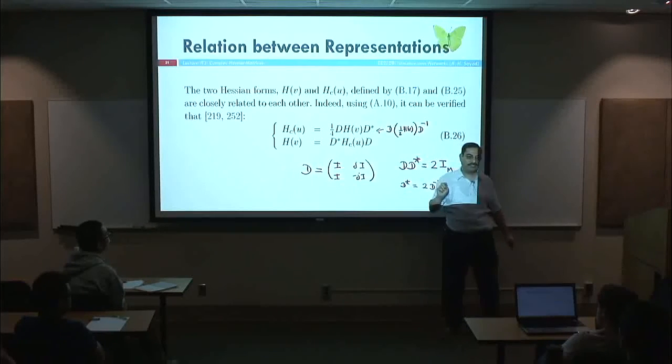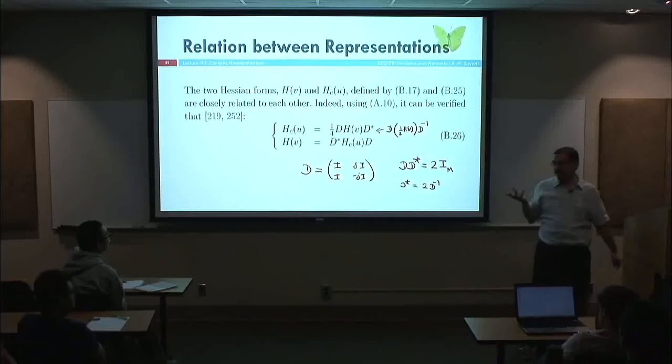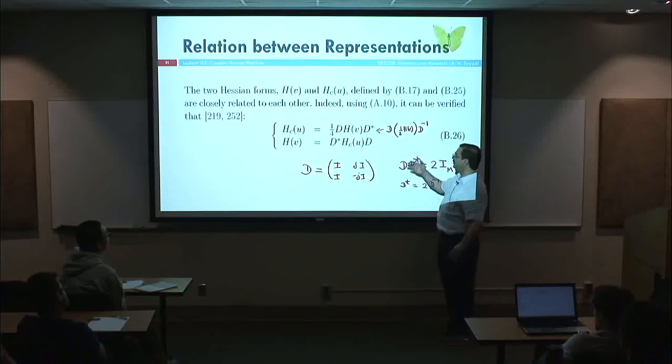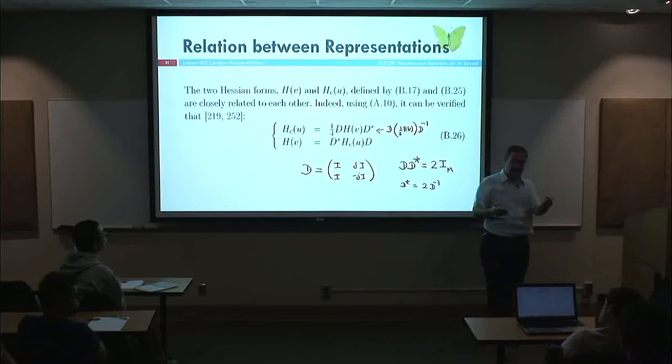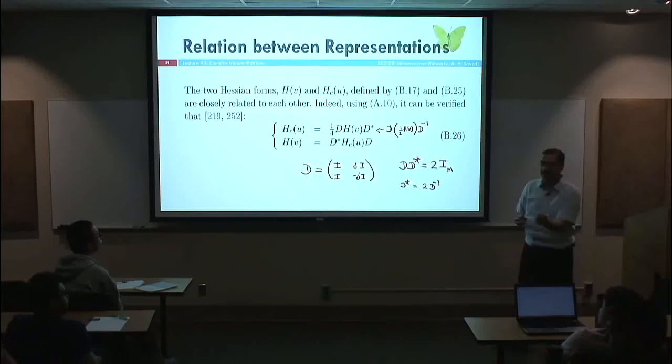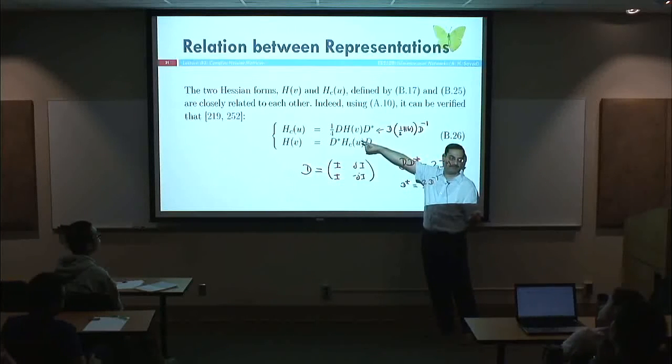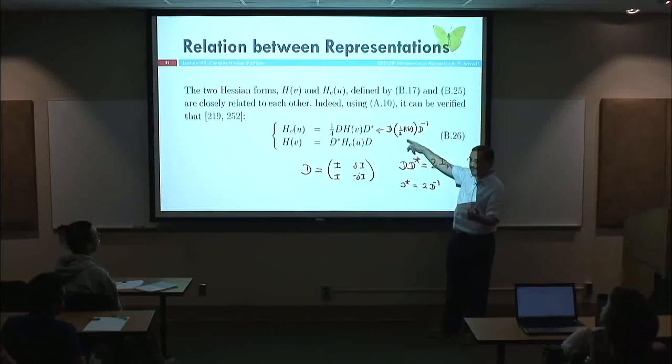What do you call this transformation? Similarity transformation, right? So similarity transformations do not change eigenvalues, right? So for example, if H of V is telling you that a particular stationary point is a local minimum, meaning all the eigenvalues of H of V are strictly positive, the same thing will happen for the eigenvalues of H of U, and similarly for local maximum, right?